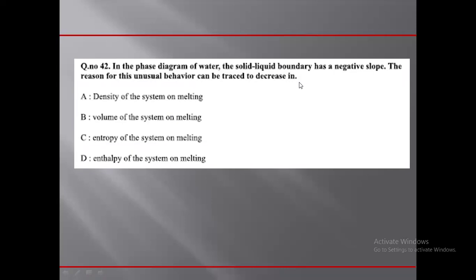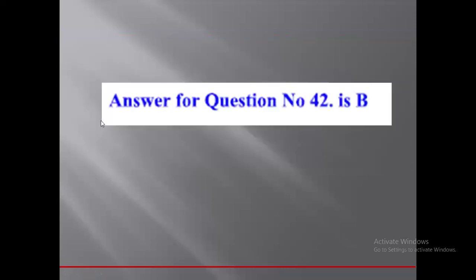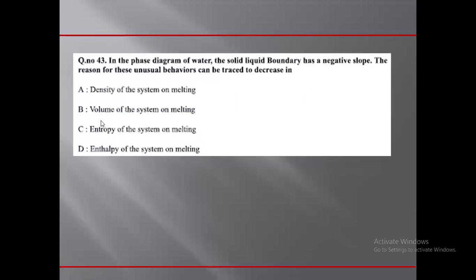So what will happen here? I am getting confused between option A and B. Maybe it affects the volume of the system on melting, so in my opinion option number B is the correct. But question number 42 and question number 43 are both similar.